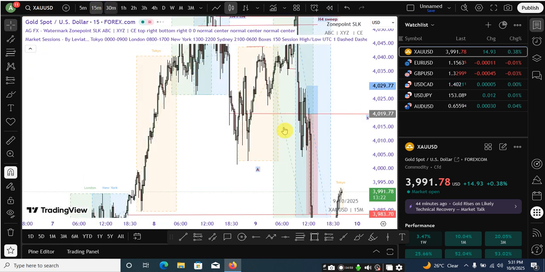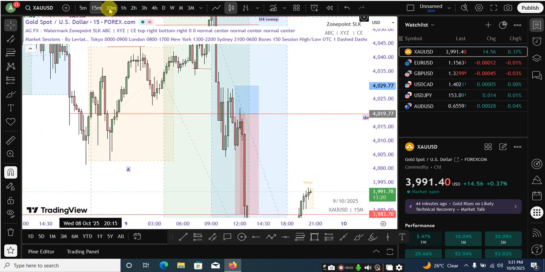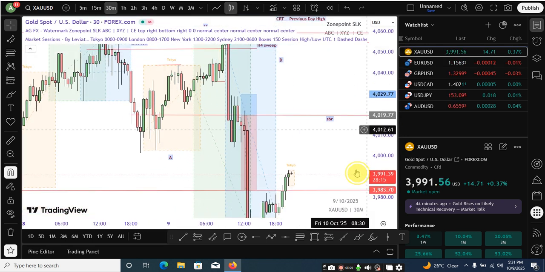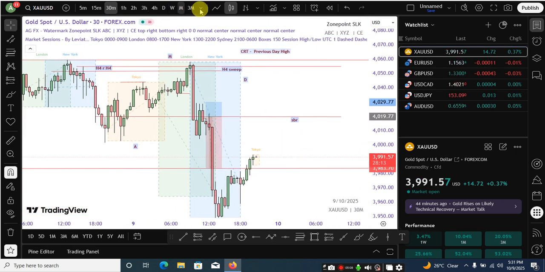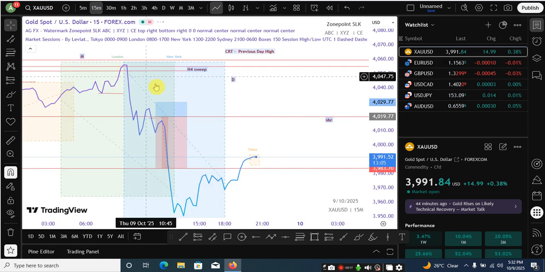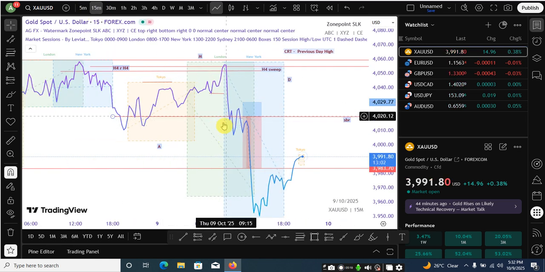Let's use our 15 minutes, or you can still use the 30 minutes, you can stay on the 30 minutes. On the 30 minutes using line chart, it's not that clear, so I move to 15 minutes. Okay, on 15 minutes I confirm this.